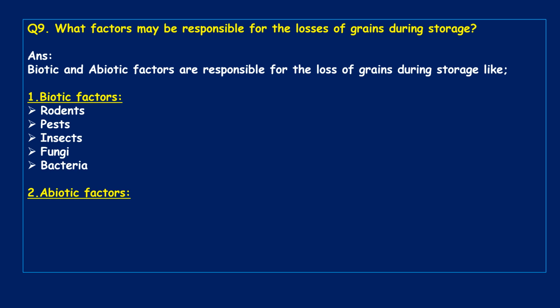These are the biotic factors responsible for the loss of grains. Now abiotic factors: sunlight, flood, rain, temperature, and moisture. These are the abiotic factors which are responsible for loss of grains during storage.